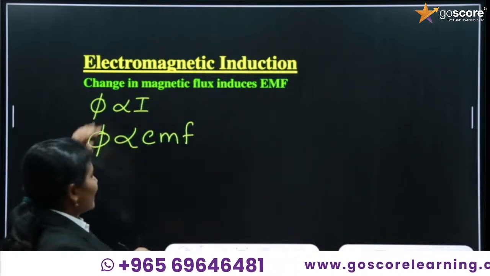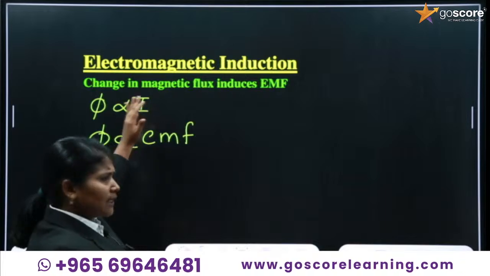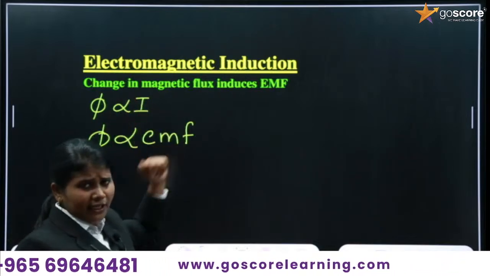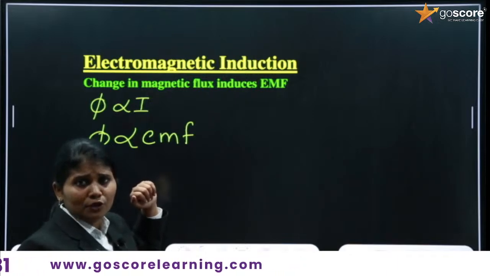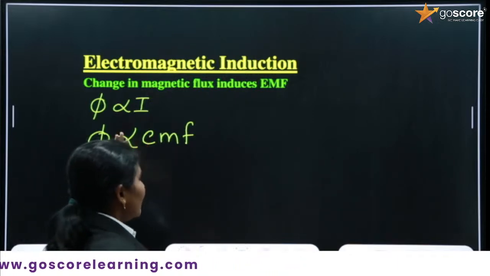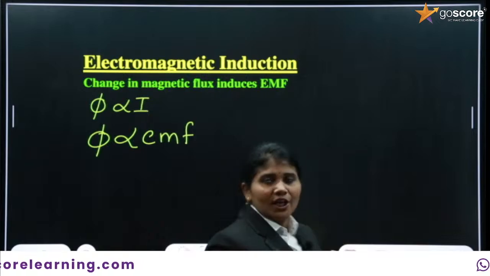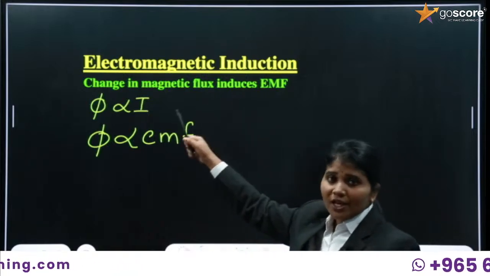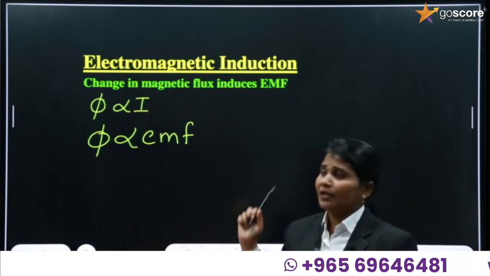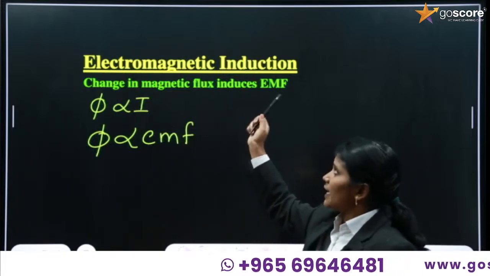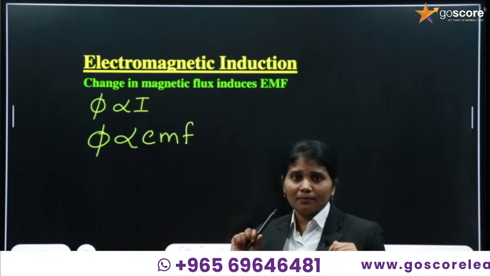So flux is directly proportional to the current, and that's why flux is directly proportional to the EMF. Here the concept is change in flux. Change in magnetic flux induces the EMF.